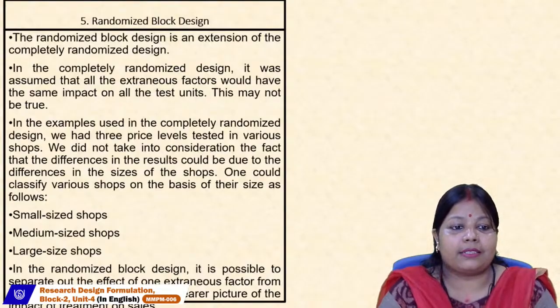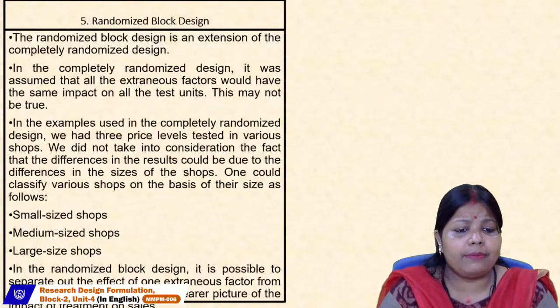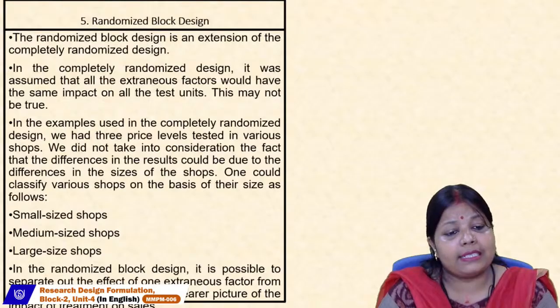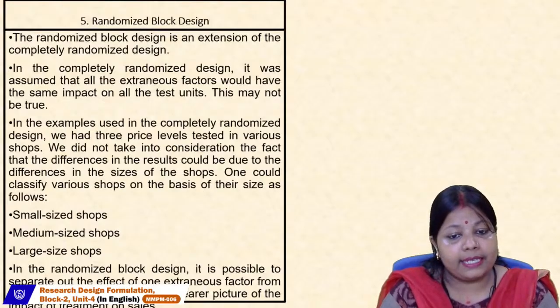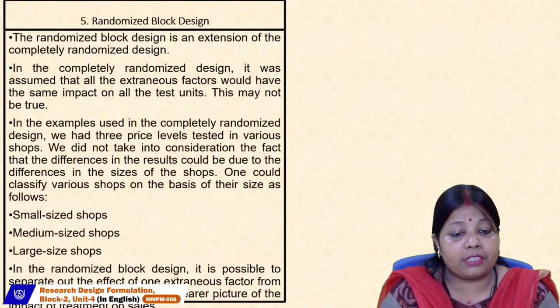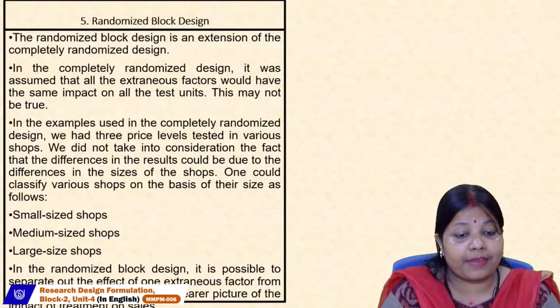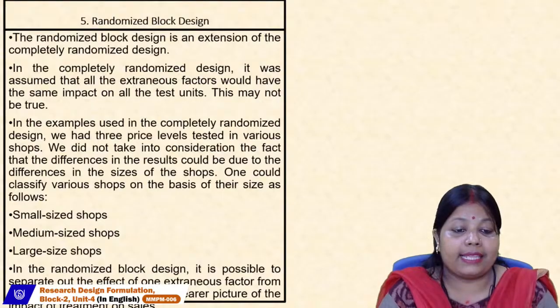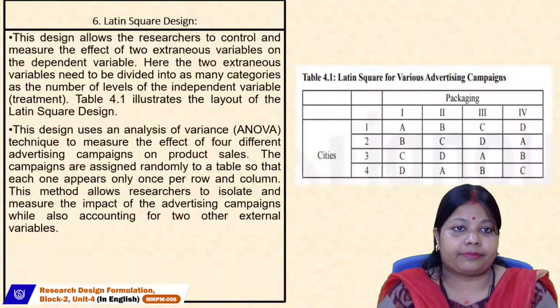So size matters here. In the randomized block design, it is possible to separate out the effect of one extraneous factor from the results, thereby providing a clearer picture of the impact of treatments on cells.